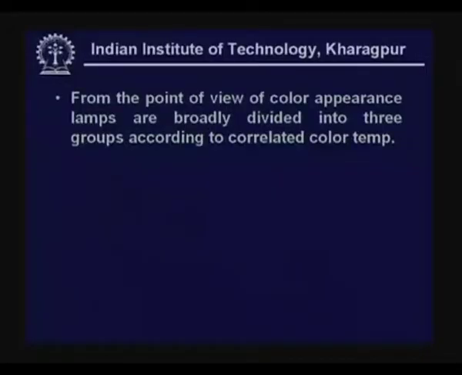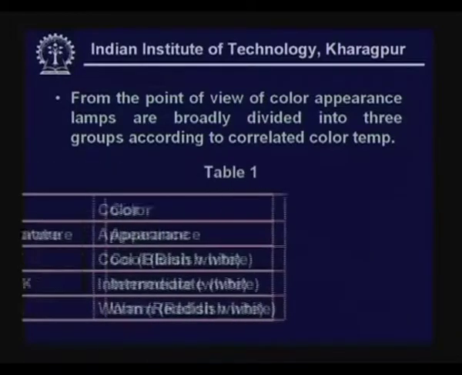That is to say, if a certain temperature T is assigned as color temperature to a source, then a perfect black body raised to temperature T would naturally give out the same color appearance as the source. So, what we are trying to say is, in terms of the appearance, the source color, the varying lamps that are available are categorized correlated with color temperature.